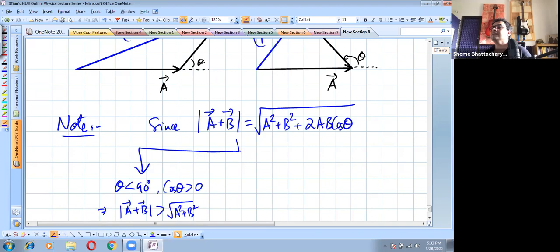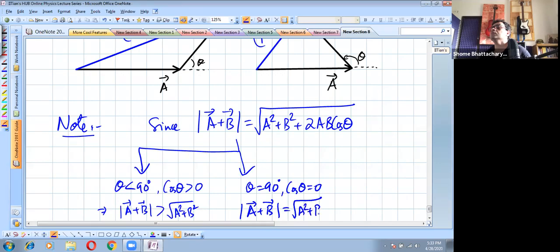Similarly, the middle case, which I have not drawn in the diagram, is what happens when theta is 90 degrees. So your cos theta is 0. So that is when the exact magnitude is the hypotenuse. So whenever we have this condition that the magnitude of A plus B is root of A square plus B square, that means they are perpendicular vectors.